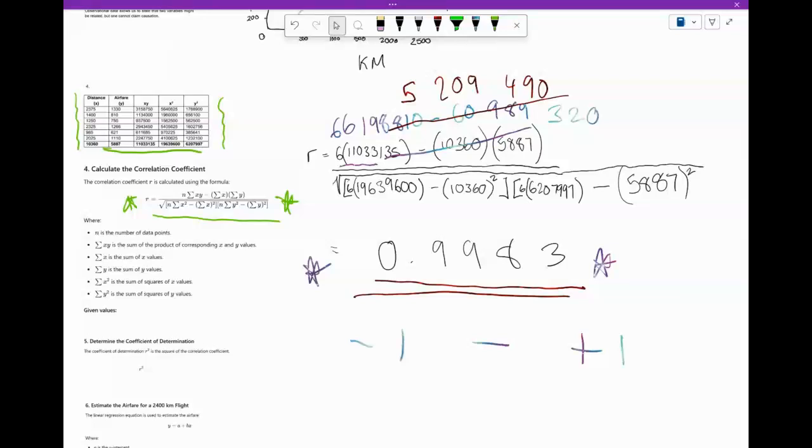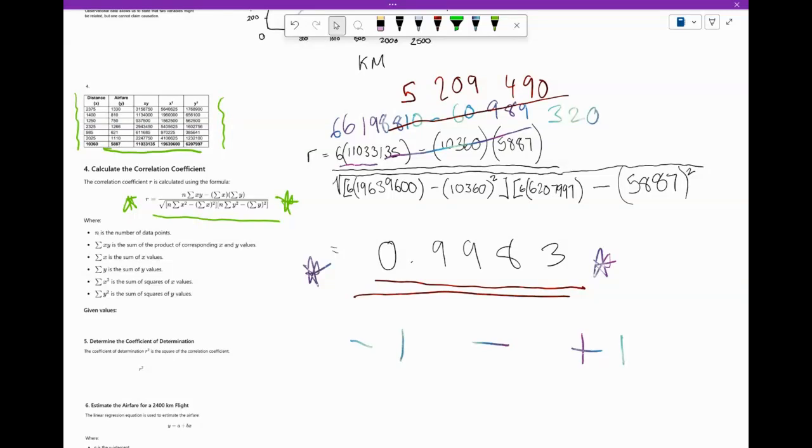But all that it means is that airfares and the distance of your flight move in opposite directions. So basically, we would be saying that there's an inverse linear relationship. In other words, as the distance for our flights increases, the price of our tickets decreases. Does that make sense?